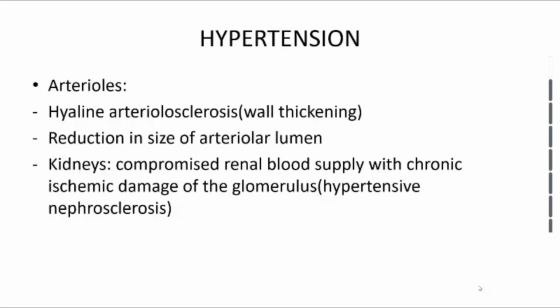There is reduction in size of the arteriolar lumen, that is, the lumen of the arterioles reduces. Then in the kidneys, as we've already mentioned, if the arterioles going to the kidney are reduced in size, you end up with compromised renal blood supply with chronic ischemic damage of the glomerulus. We call it hypertensive nephrosclerosis.